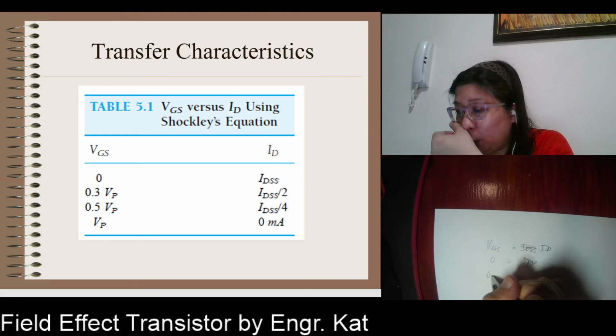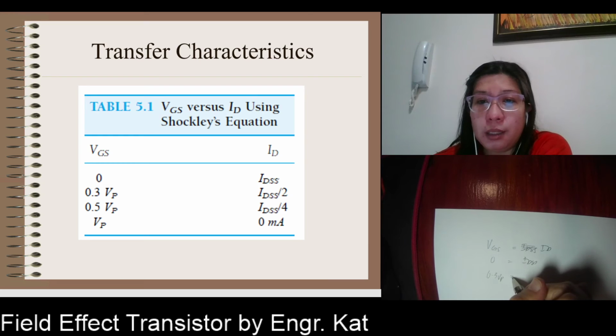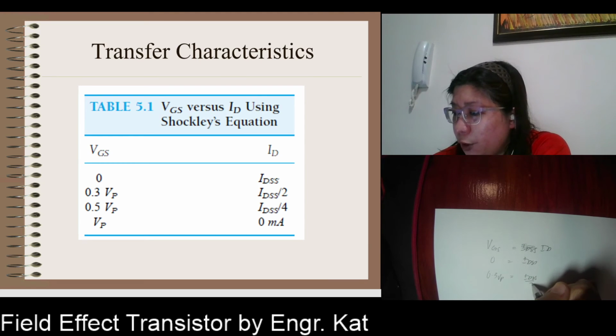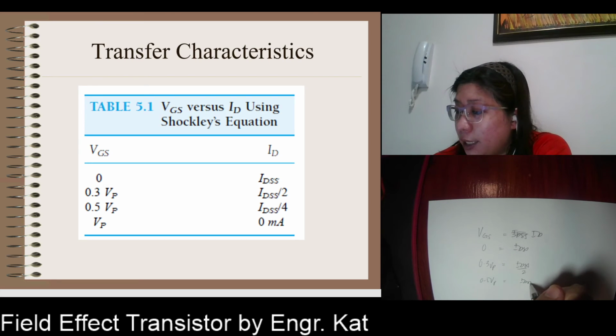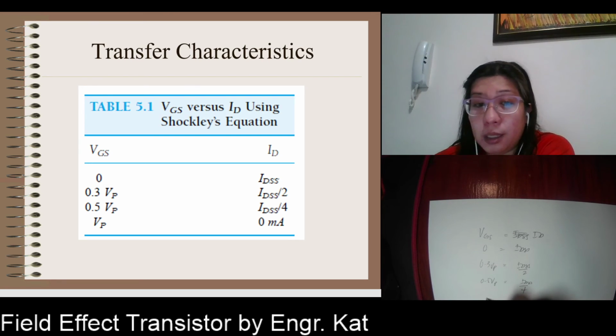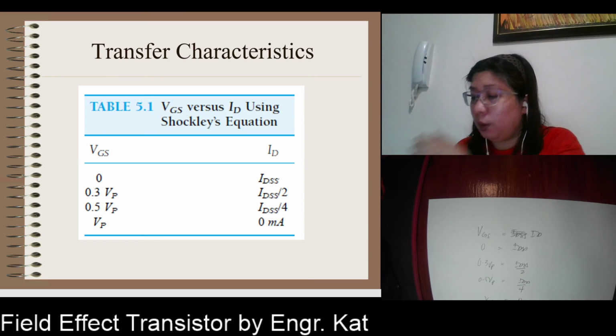When this is equal to 0.3 of your VP, this is equivalent to IDSS over 2. If this is 0.5 of your VP, this is IDSS over 4. And when this is equal to VP, this is equal to 0.